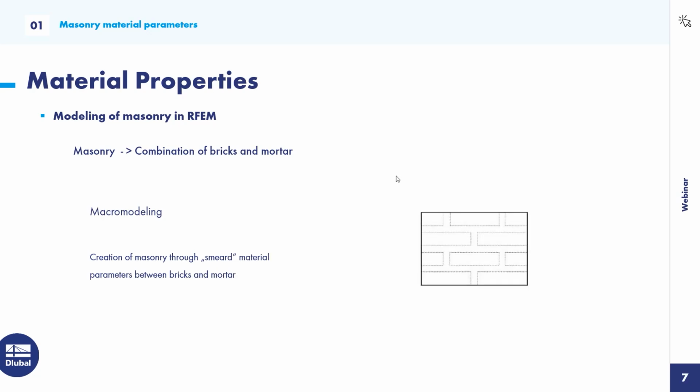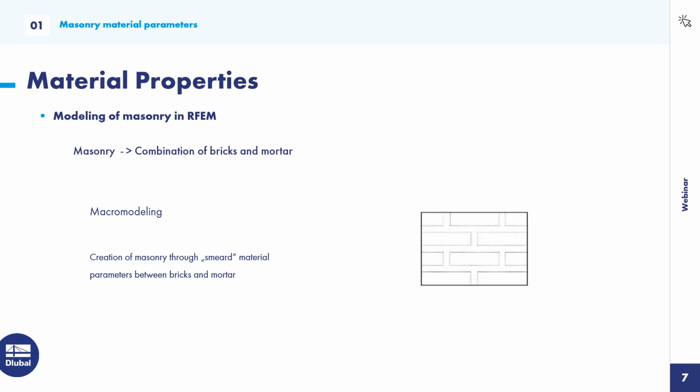The third and easier modeling would be a macro modeling. Here you will create the masonry as one surface, and the material parameters between the bricks and the mortar are smeared above the whole surface. So this means the modeling is easier, and it's faster than the other two options.